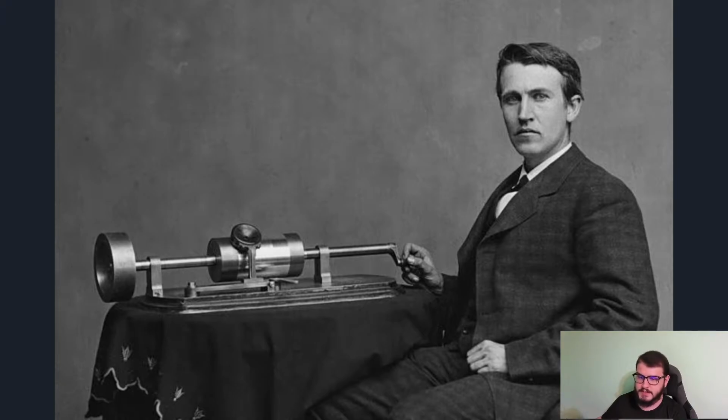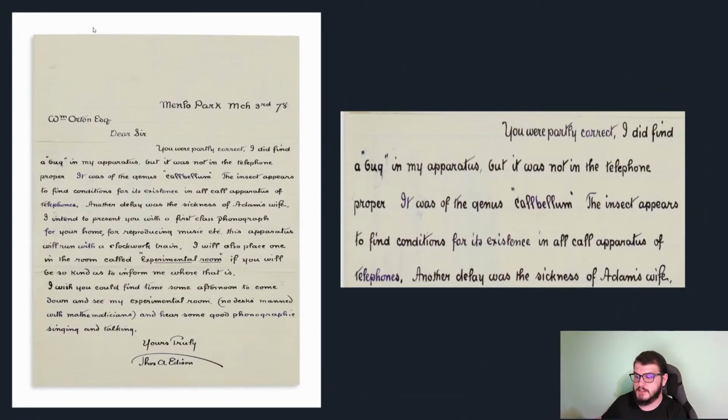He was working on a telephone, a job he took from Western Union, and in March 1878 he wrote a letter to the President of Western Union, William Orton, updating him about the telephone. He wrote, "You are partially correct. I did find a bug in my apparatus, but it was not in the telephone proper." This letter is one of the earliest examples of the use of bug to describe a problem with technology.